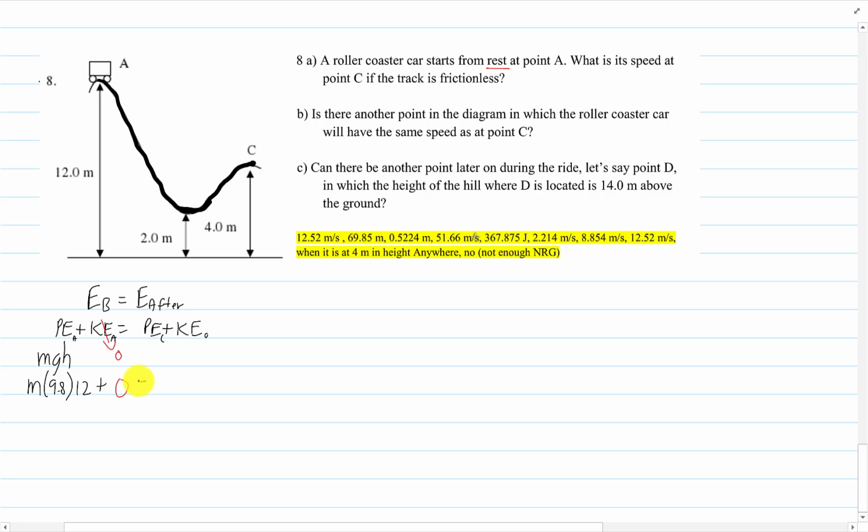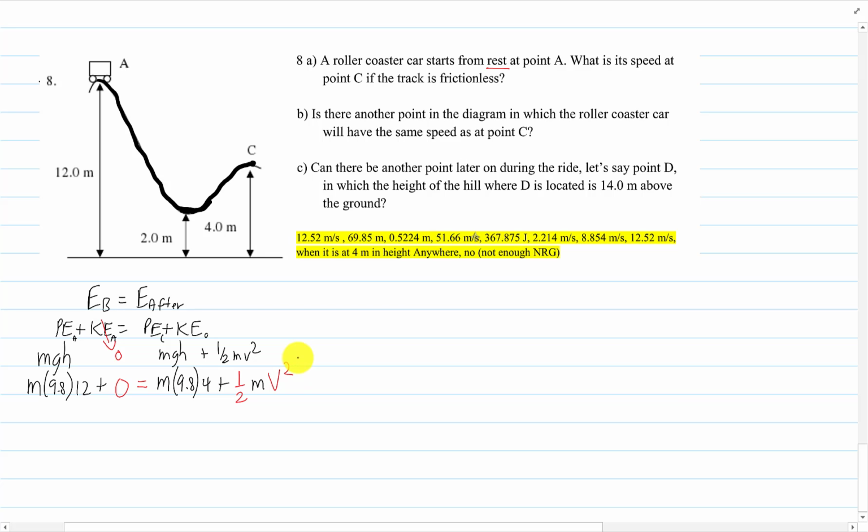So plus 0 equals the potential energy at point C, so that's m times 9.8 times 4, plus the kinetic energy at that point, which is going to be, sorry, the formula here was mgh, and this is 1/2 mv squared. So this is going to be 1/2, and I'll put m in black, and v squared is what we're trying to solve.